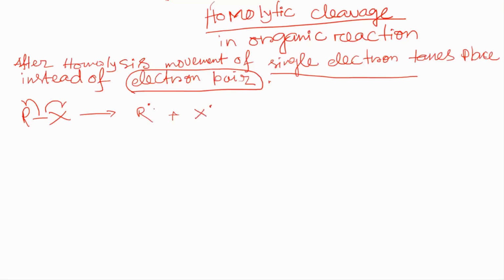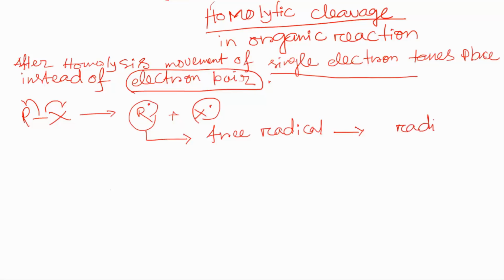So dot means two electrons that form a bond are shared by two different atoms, one electron goes to R and the other electron goes to X. In this way homolytic cleavage happens. Now this R acts as a free radical. So whenever you see any atom bearing only one electron, then it acts as a radical. So if R is a carbon, then it will be a carbon radical.